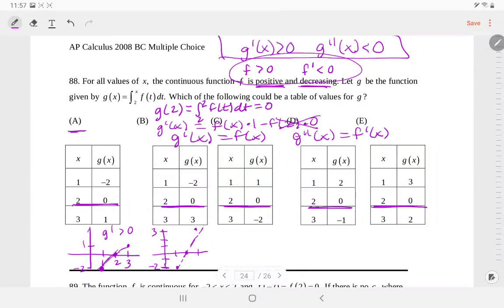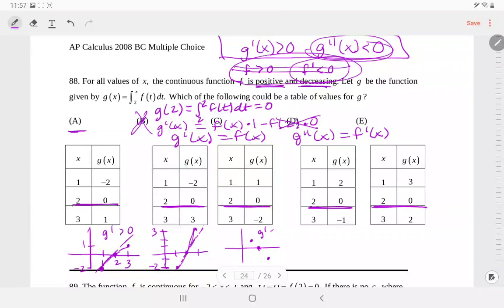So that's definitely concave down, and this is definitely concave up, at least for parts of it. So I'm going to go with no, because this says concave down. Not this one. So I'm going to say B is wrong. Okay, so this one: 1, 1, 2, 0, 3, negative 2.